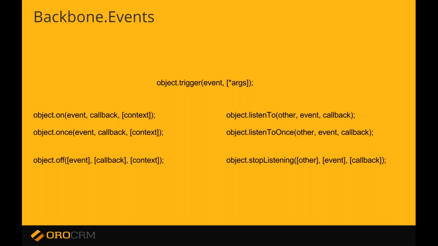So it's highly recommended to use listenTo over the on and once methods when you have two objects that implement Backbone events.